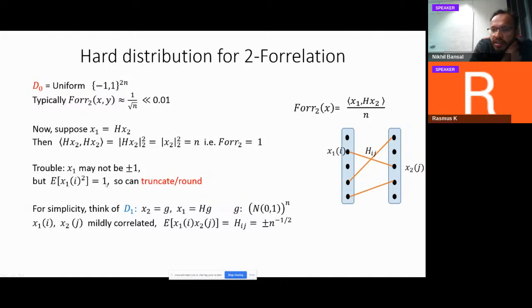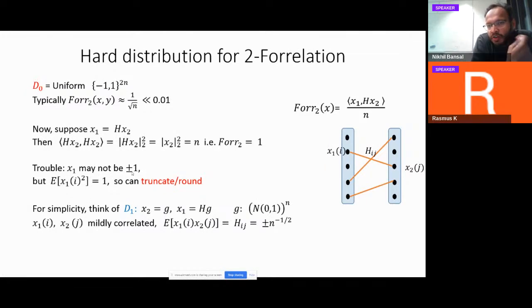There is some technicality one can do, which I don't want to get into. One can pretend that this is +1 minus 1. Let me say a couple of words. In the Avishai et al. paper, they do h times x2, scale it down a little bit so that it is between -1 and +1, and then do a randomized rounding, for instance.